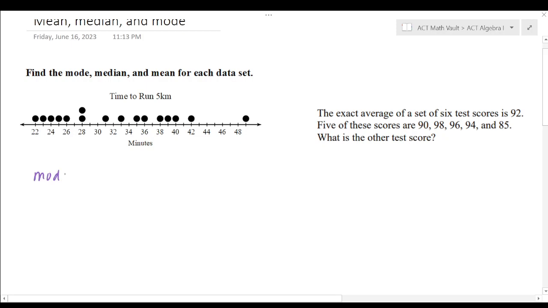Mode is, I'll just write really quick shorthand notes. Appears most often. And then median, middle. Kind of like medio in Spanish.